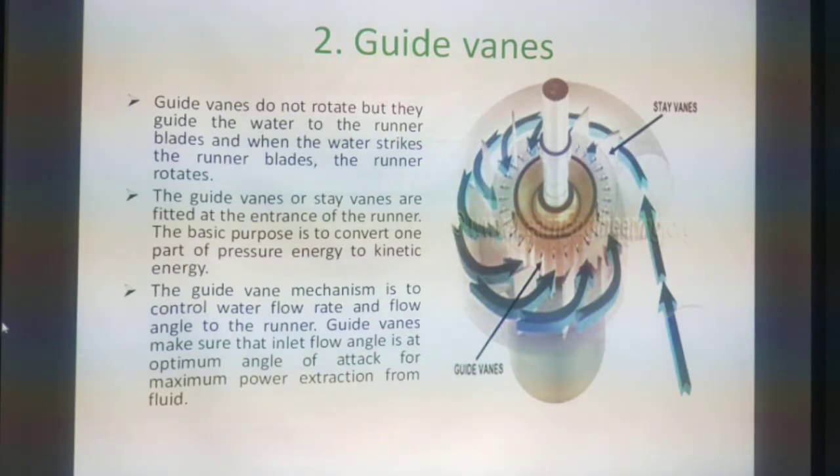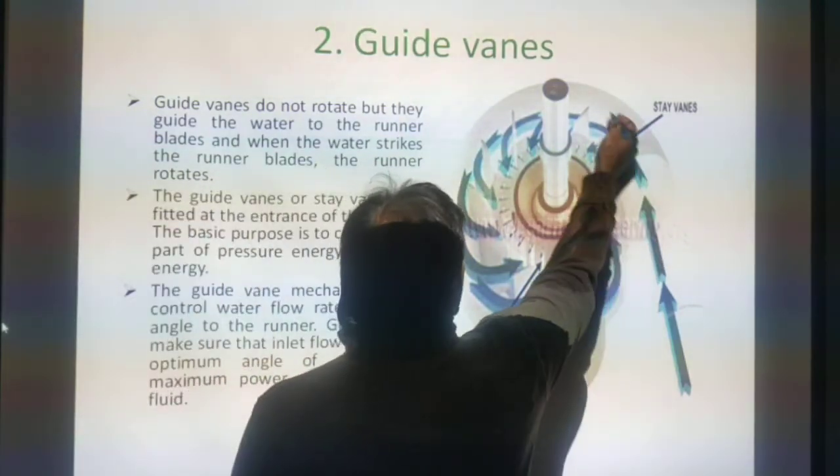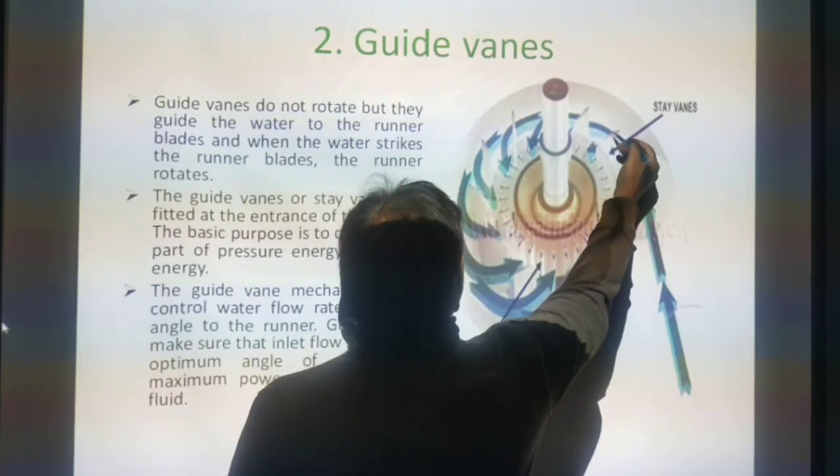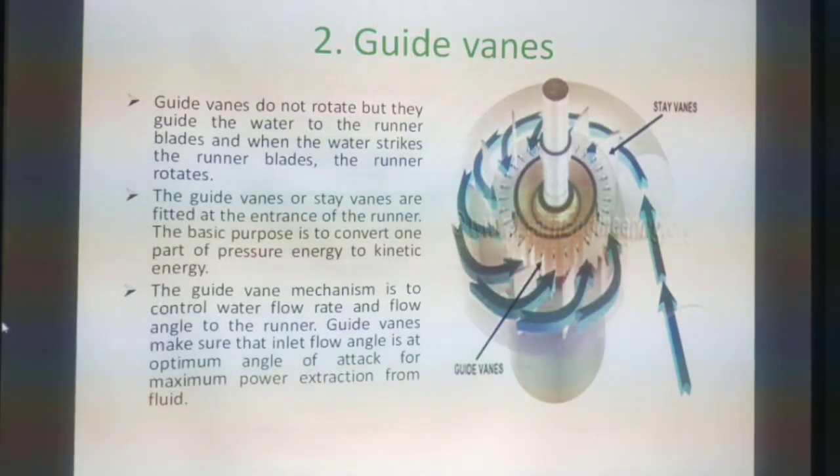Next, guide vanes. Guide vanes do not rotate actually, but they guide the water to the runner blades. And when the water strikes, the runner rotates. The guide vanes or stay vanes are installed inside the spiral casing, at the entrance of the runner.